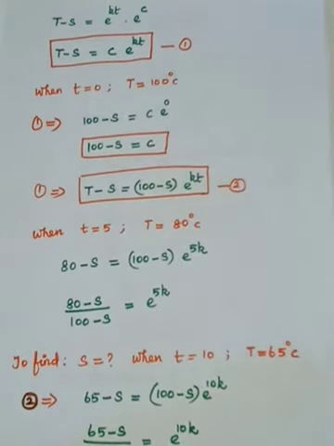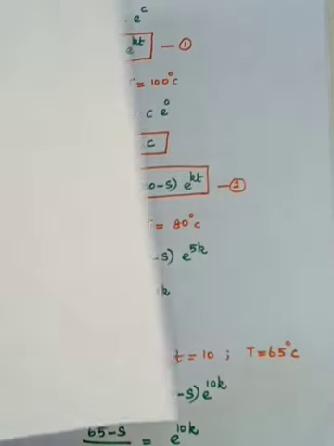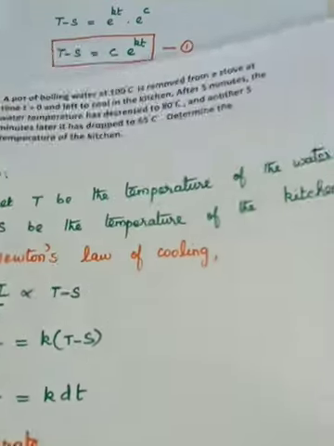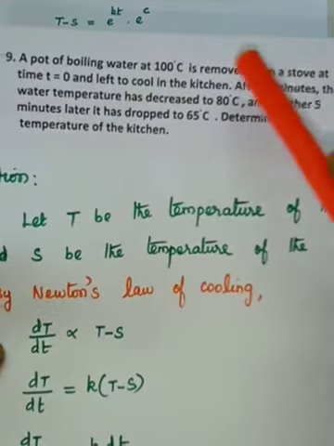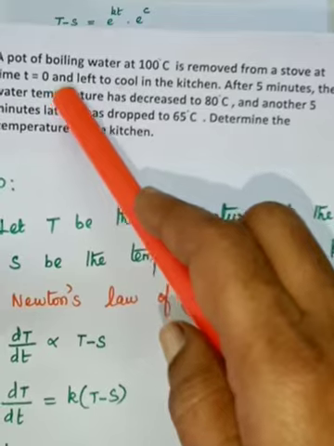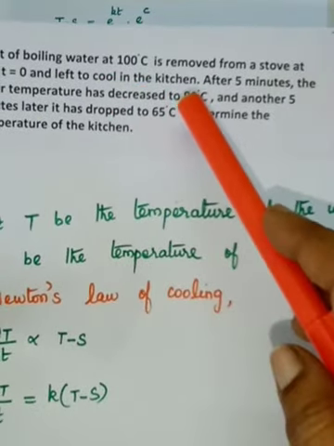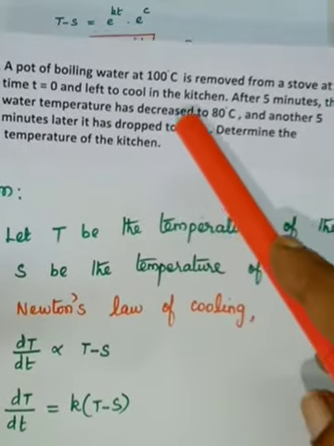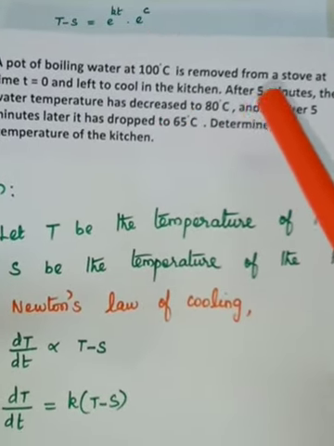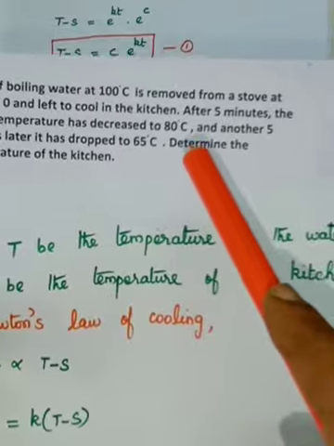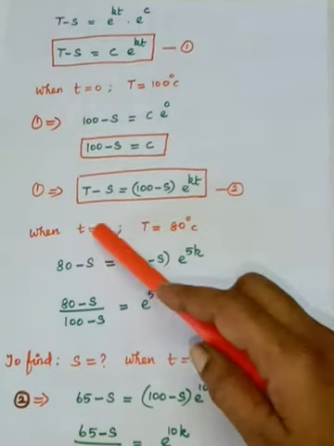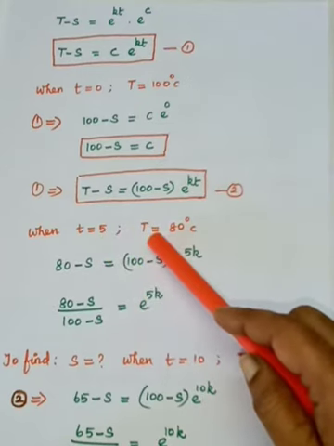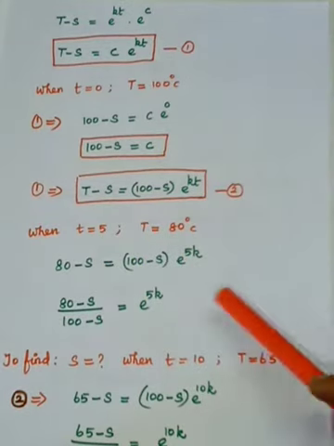Next we have to apply the given condition. Initially 100 degrees Celsius, that water is removed from the stove at time t equal to 0 and left to cool in the kitchen. After 5 minutes, the water temperature has decreased to 80 degrees Celsius. So the second sentence has to be used. After 5 minutes, that is small t, the time is equal to 5 minutes. The temperature of the water has decreased to 80 degrees Celsius.